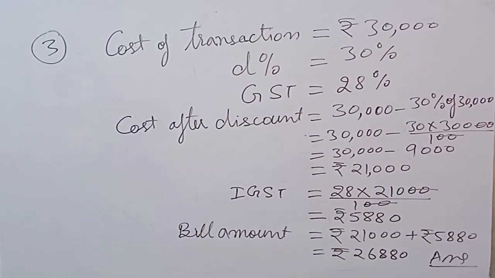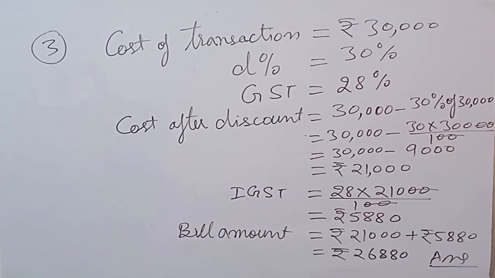Now taking question number 3 of the same exercise 8F, and I'm just reading out the question. Find the amount of bill for the following interstate transaction of goods and service. Cost of transaction equal to rupees 30,000, discount equal to 30%, and GST equal to 28%. As the transaction is interstate, we will calculate the IGST.